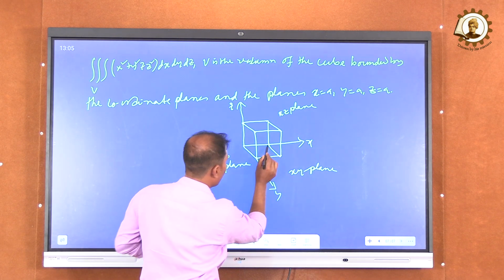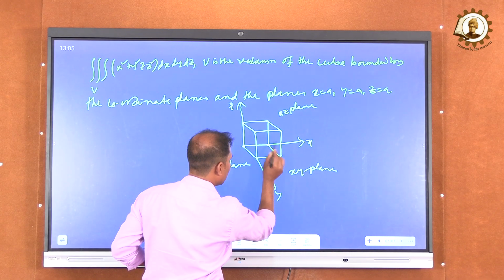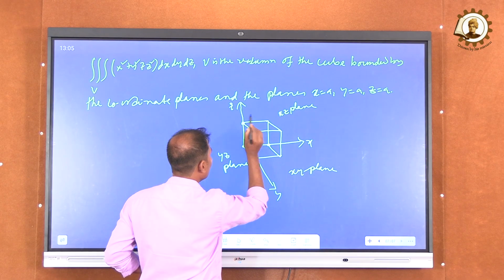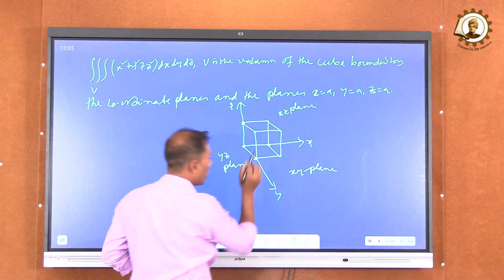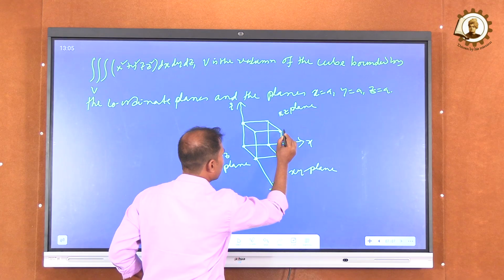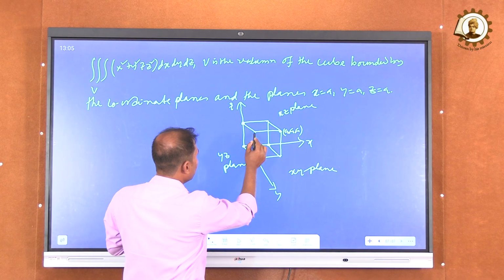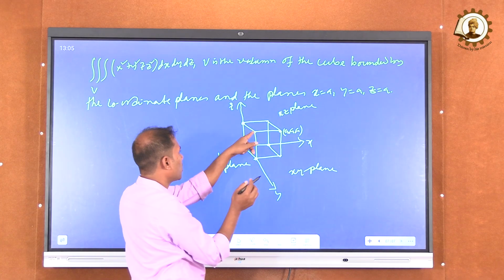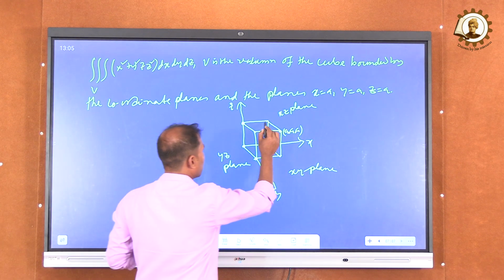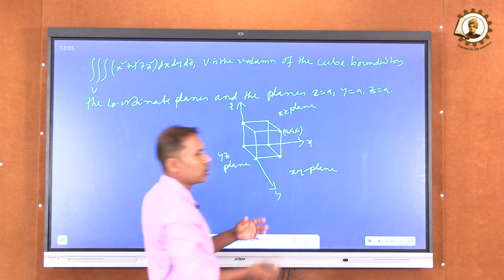This is the origin, this is a 0 0, this is 0 a 0, and the coordinates of the other points are a 0 a, 0 a a and so on.